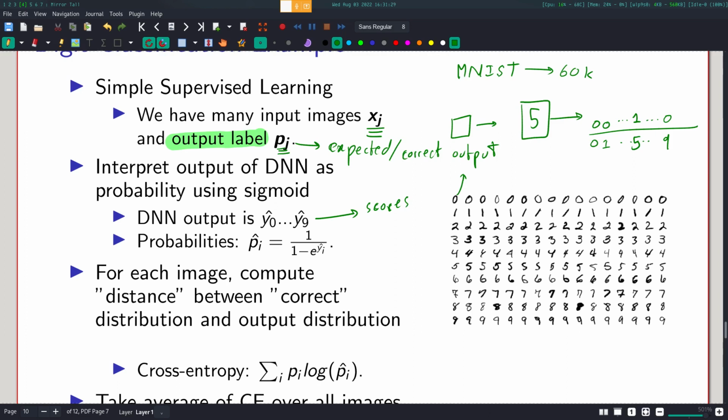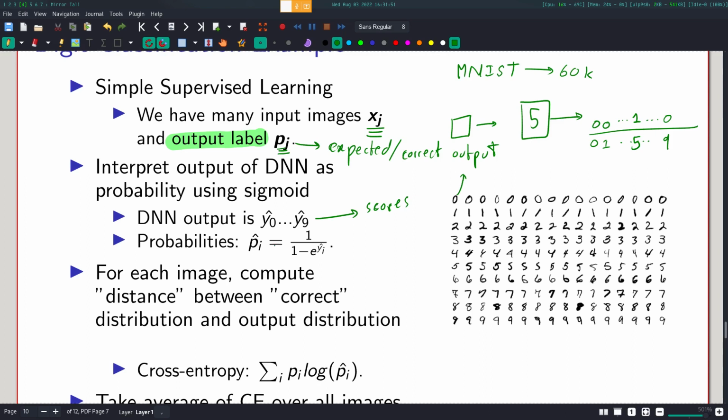So it is good if we can somehow convert that into probabilities. Then we can express what the DNN thinks about this image as a probability distribution, and we can leverage the mathematical theory about distances between probability distributions to build our loss function.